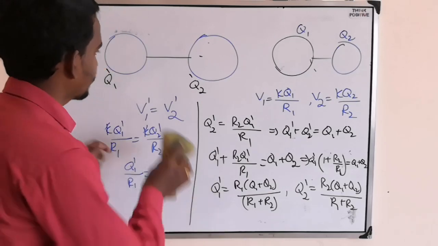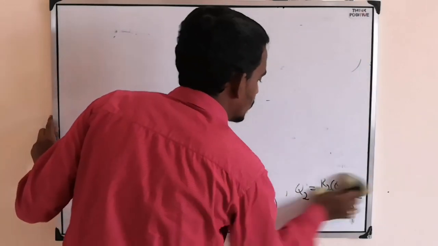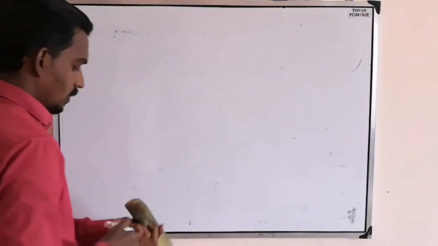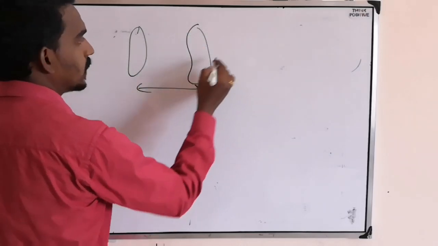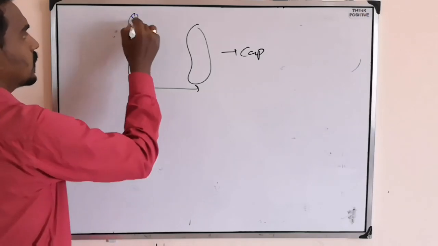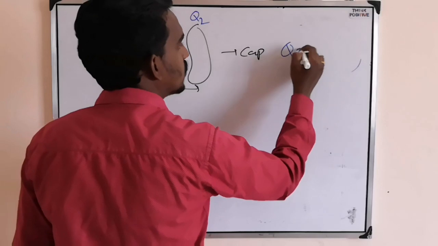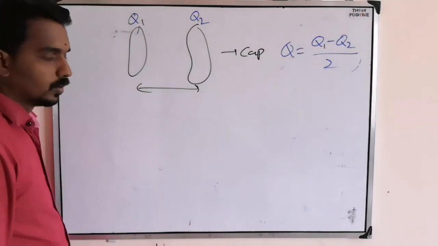Right? Now, in a similar way, when you consider two conductors and place them at a separation, then it is called a capacitor. Where charges on conductors are Q1, Q2, then the charge of the capacitor is (Q1 minus Q2) by 2.